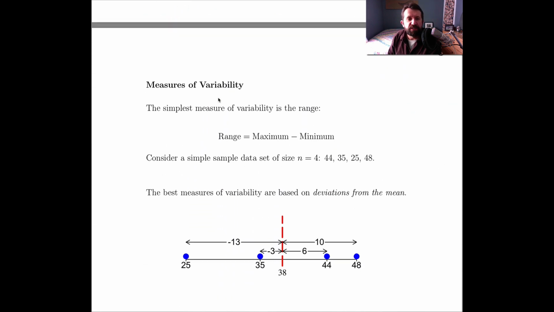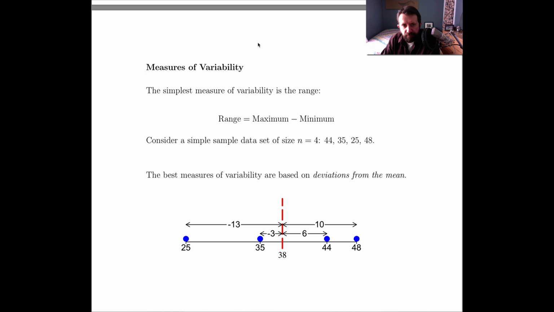Okay, now measures of variability. The variability of a data set is really important in all sorts of things. Later on, when we're doing statistical inference, it will impact how precisely we can estimate parameters. If there's lots of variability, then there's lots of uncertainty, and we're going to have a tougher time pinning down the value of a parameter. And in industrial processes, say you're trying to fill your cereal boxes, you want that variability to be low.